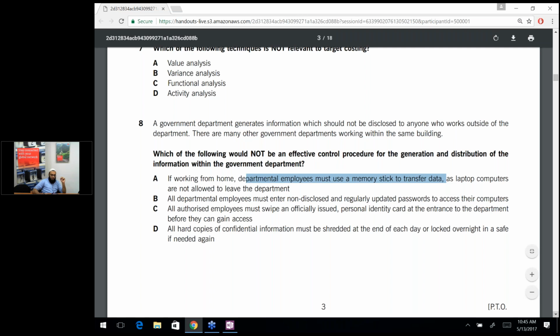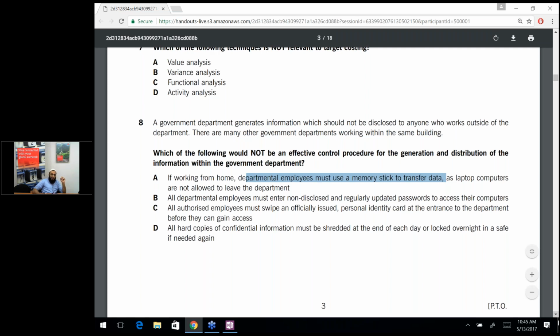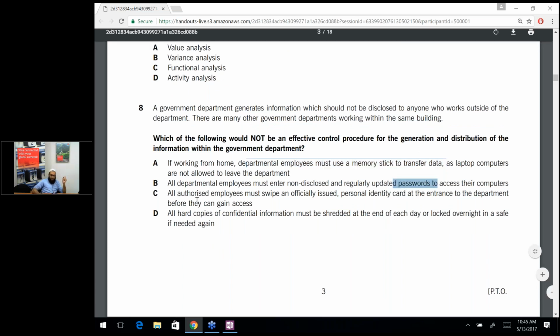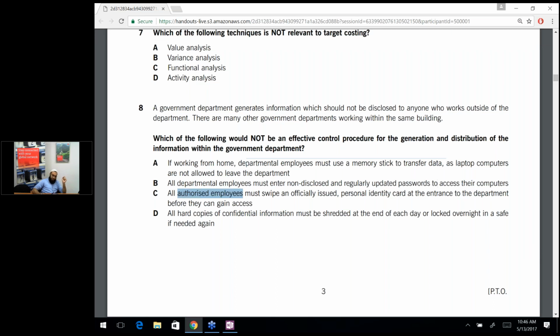All other options seem to be supporting confidentiality. For example, password updation, yes. Authorized employees coming with proper identity cards, yes, plus hard copies of confidential information must be shredded at the end of each day, yes. So these all are supporting the purpose.